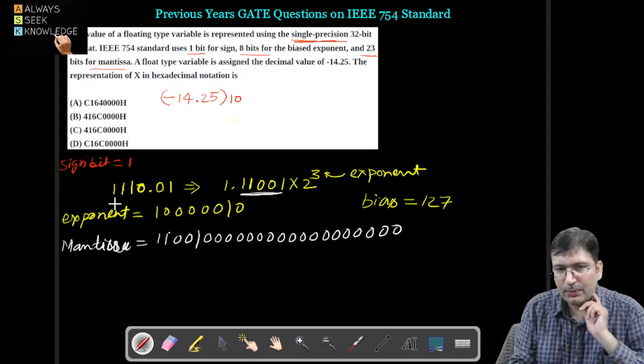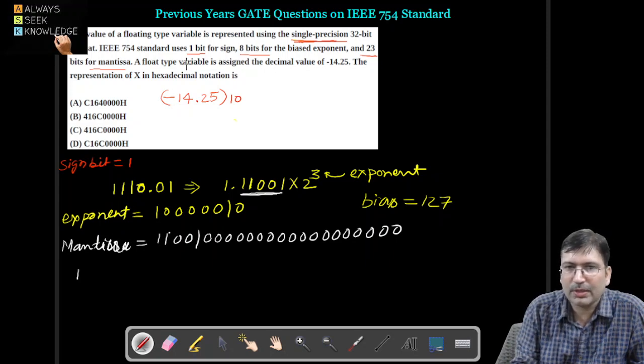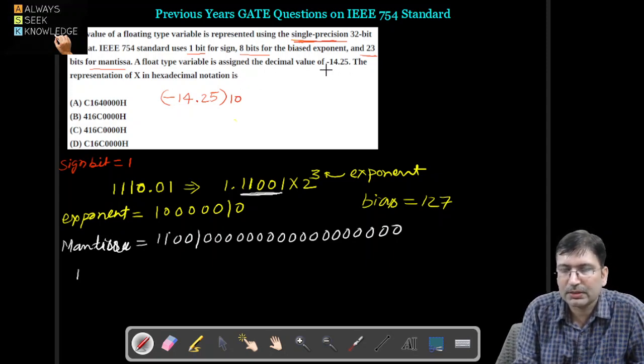Now altogether, the sign bit is 1 because the number is minus 14.25.